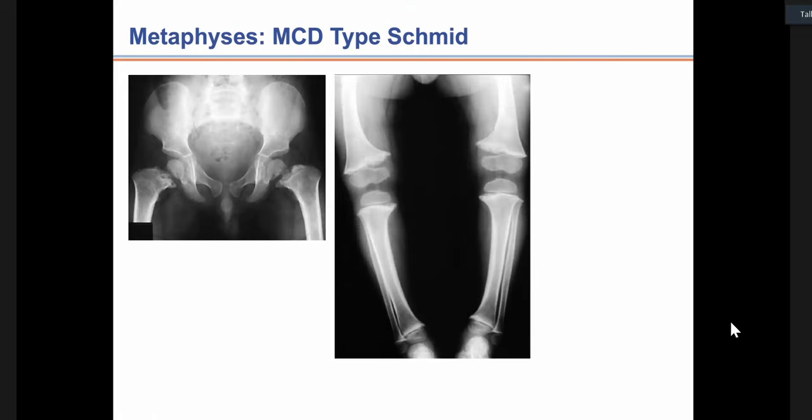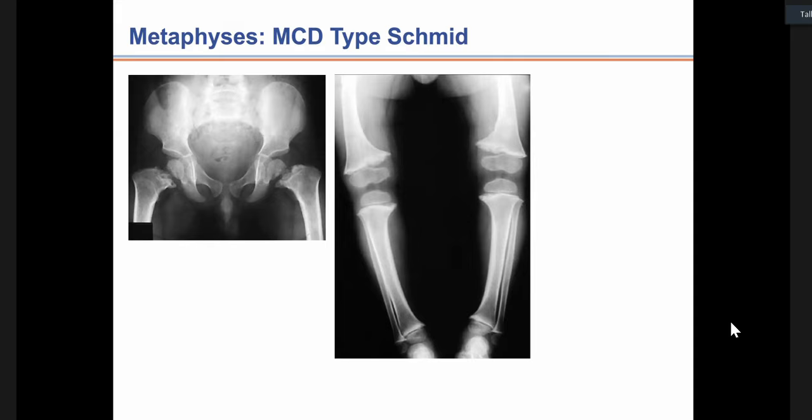Then moving on to the metaphyses, metaphyseal chondrodysplasia type Schmid is probably the one I would like you to remember and to think about, because it might be confused with rickets. However, rickets affects the rapidly growing sites the most.